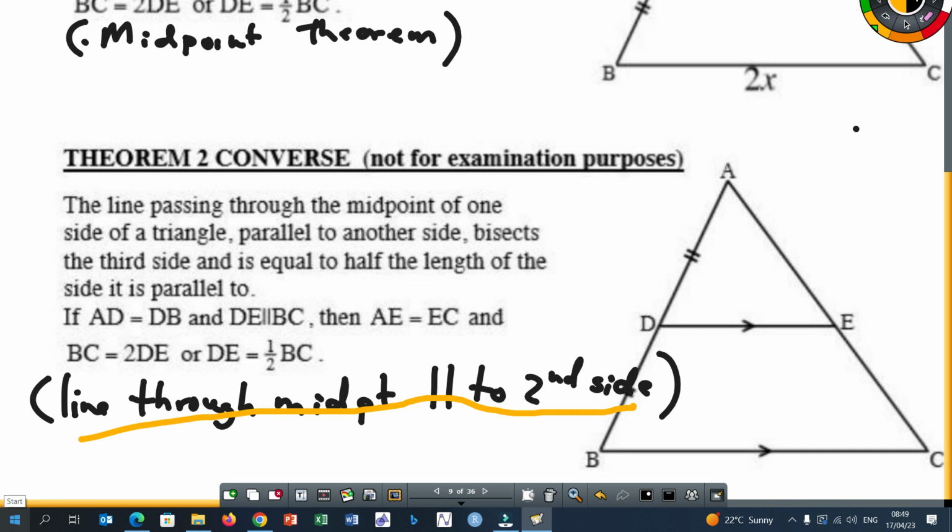Please just copy this down so that we can start doing some questions on the proportion theorem.